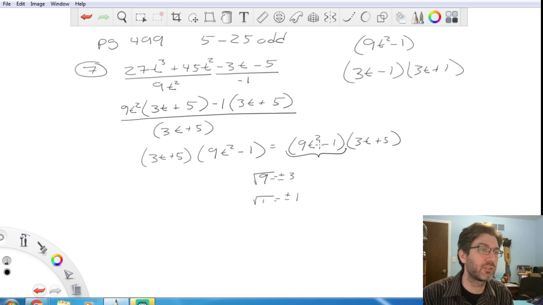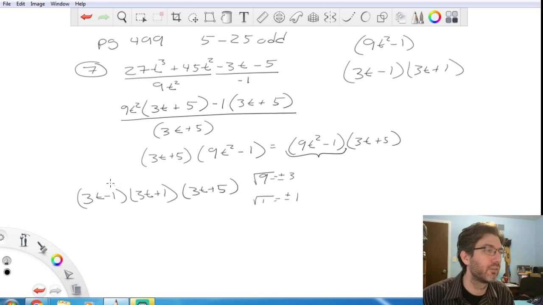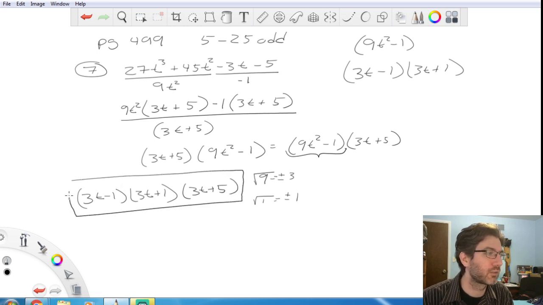So your final answer is actually going to be this, breaking this off and then tacking on the 3t minus 1. So it's going to turn out to be 3t minus 1 times 3t plus 1, because of the perfect square, and then the 3t plus 5. So this here is actually your answer. And when you FOIL that out, you should be getting this up here.